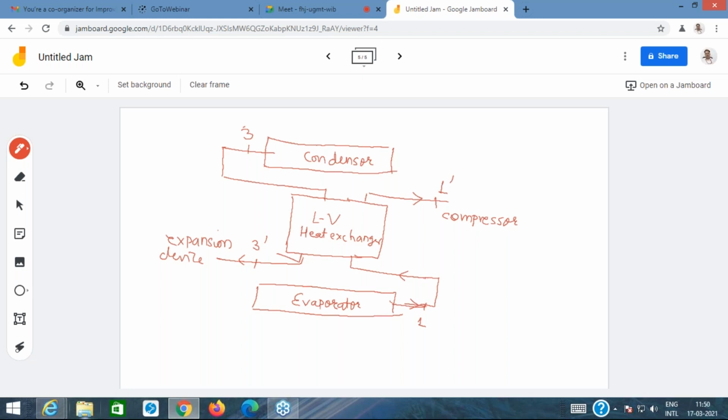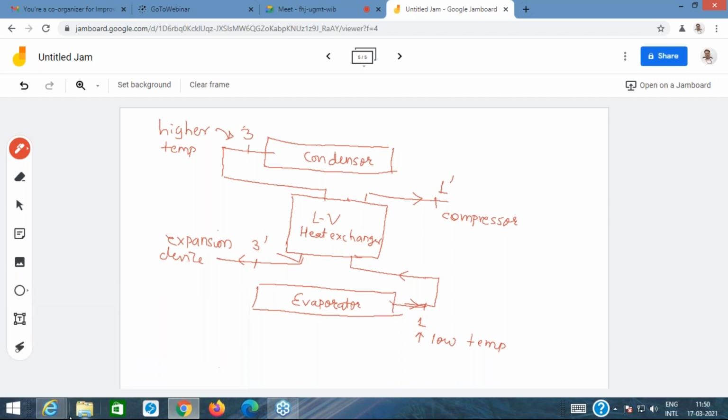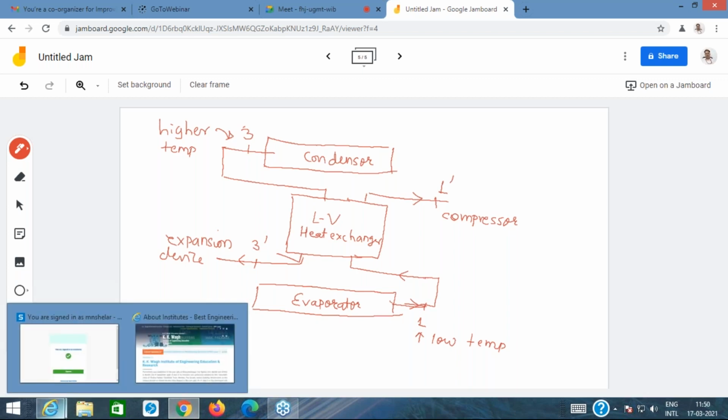That is because the refrigerant which is at 3 is at a higher temperature, mind well, as compared to the refrigerant which is at state 1. This you understand. The refrigerant at the lower temperature exchanges heat with the refrigerant which is at a higher temperature.